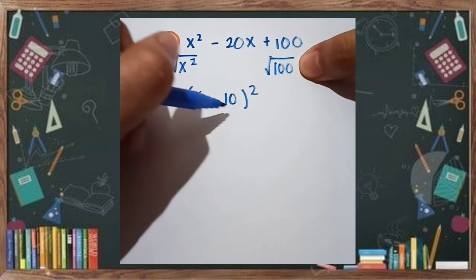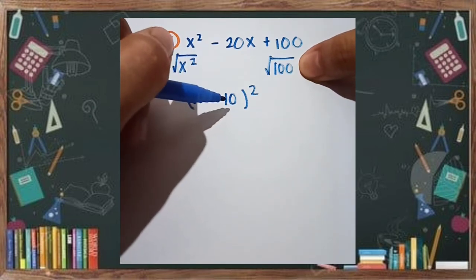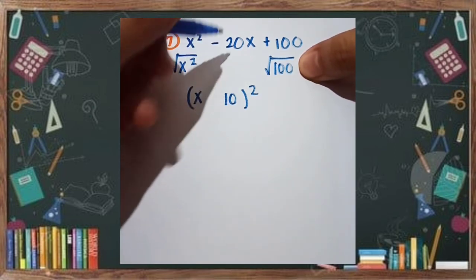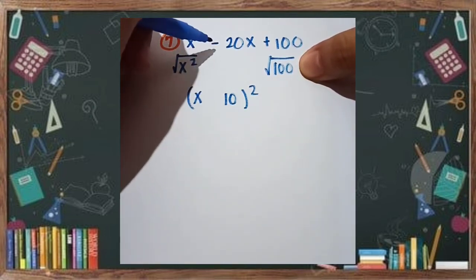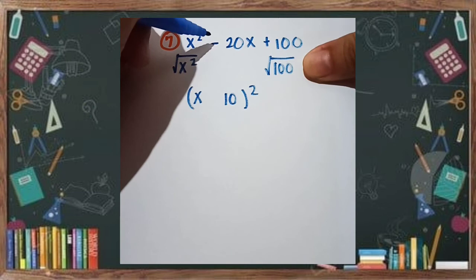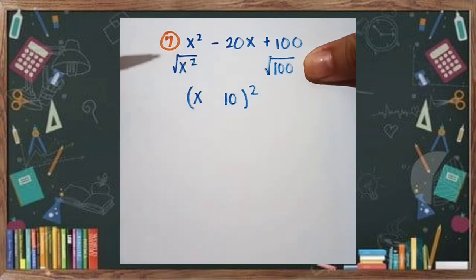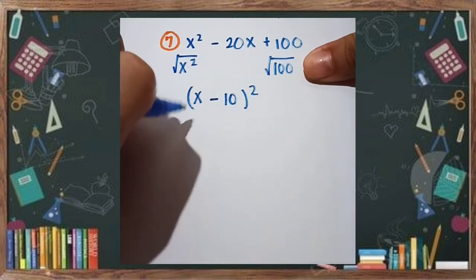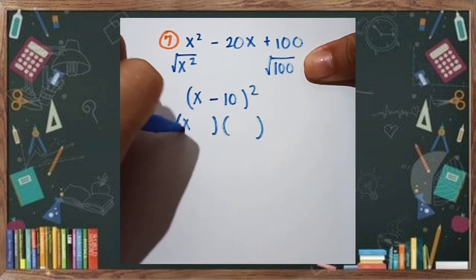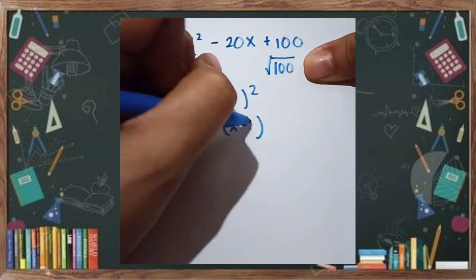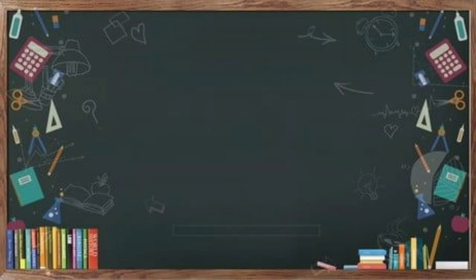Okay, so check. 10 times x ay equals to 10x, times 2 ay equals to 20x. So, what is the sign of our second term? So, it is negative. That's why our factors are x minus 10 and x minus 10.